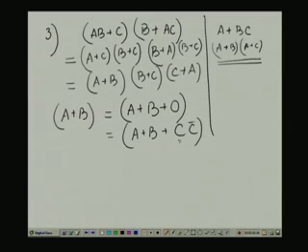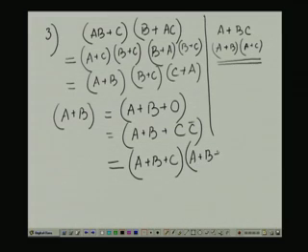So, I have to introduce C, and in this way, if I apply the same rule, this becomes A plus B plus C dot A plus B plus C bar. So, only the first term becomes the product of two terms.